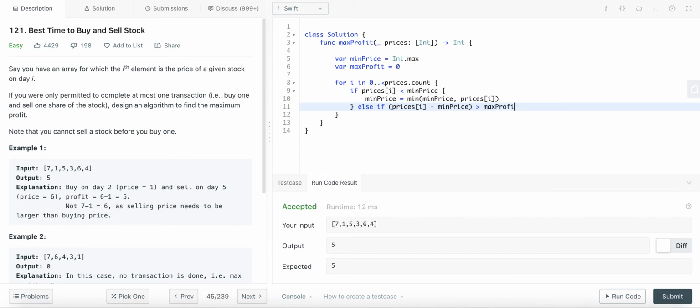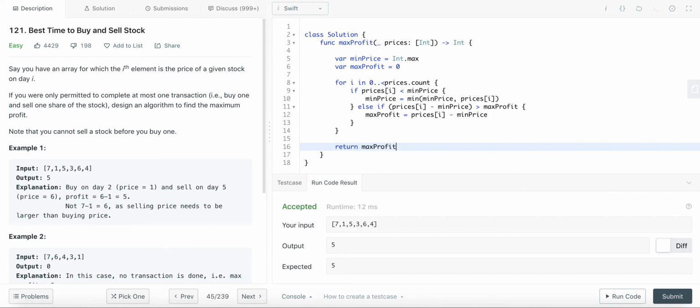I simply won't write anything for that. So yeah, that brings us to the end of this for loop. We have to return the max profit. Cool. That's it. I think we're done.